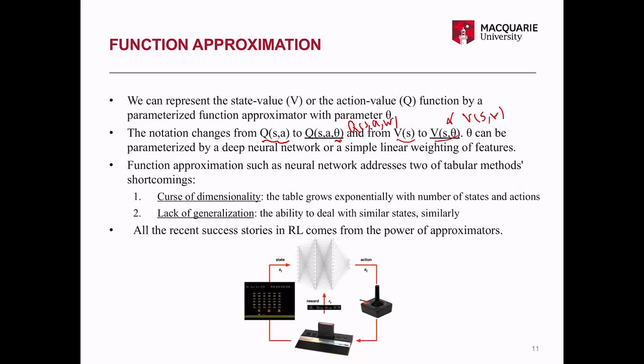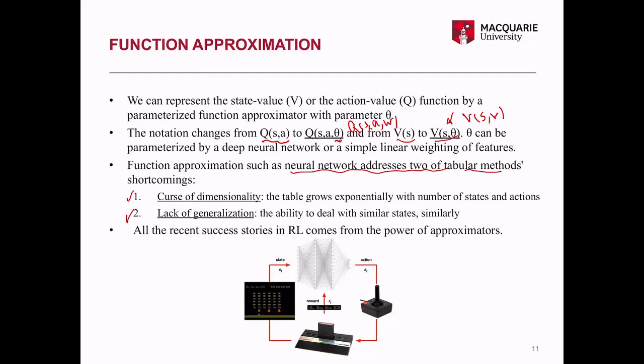As I mentioned, function approximators such as neural networks address two of the problems in tabular methods: the curse of dimensionality and the lack of generalization. Again, in tabular methods, whenever you update your table, you're updating one particular state and action in the Q function, or at least in the state value function, one state.